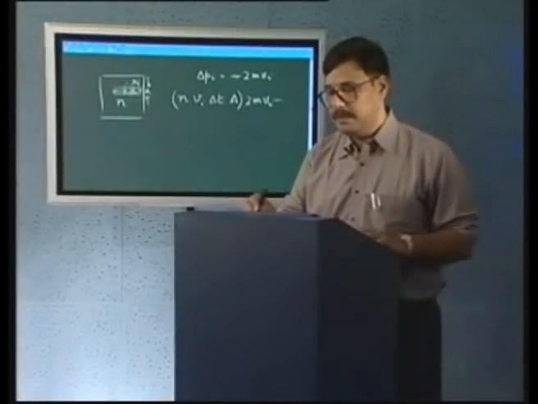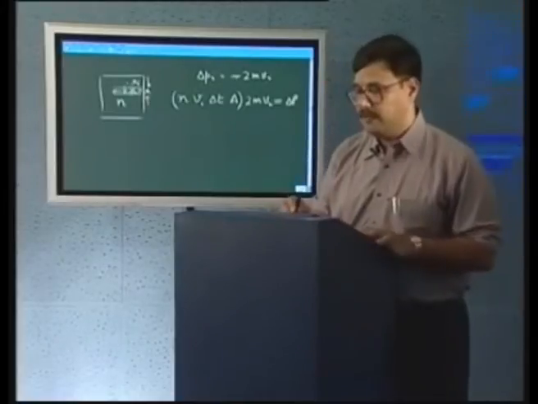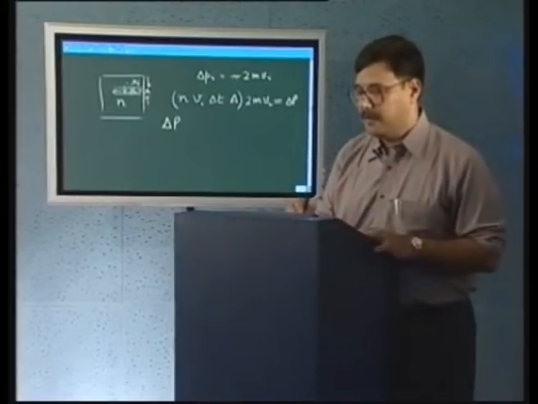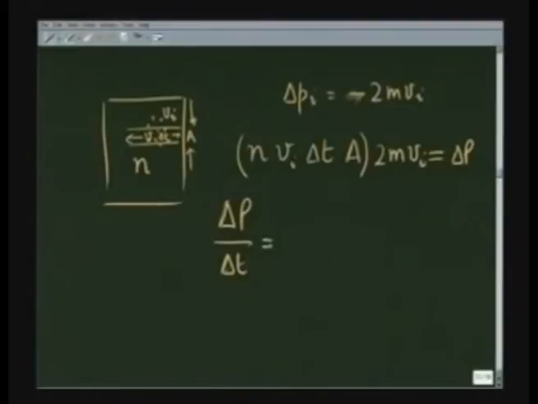So, the net momentum transferred is going to be this, and therefore, I get delta P over delta t, which is 2 n m v i square times the area. This is the net momentum transfer, and therefore, this is the force applied by these particles on the wall.